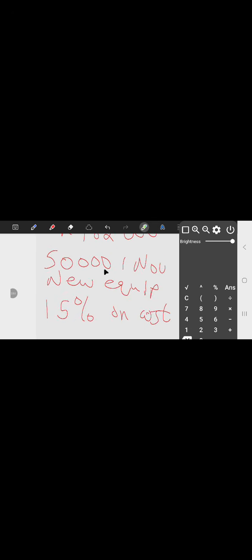Now, let's start with calculating depreciation for the new equipment. This is the simplest one because even if you are using the straight line method or the diminishing balance method, it's just going to be one and the same thing. You're just going to multiply with the cost because there is nothing that you have accumulated from previous years.